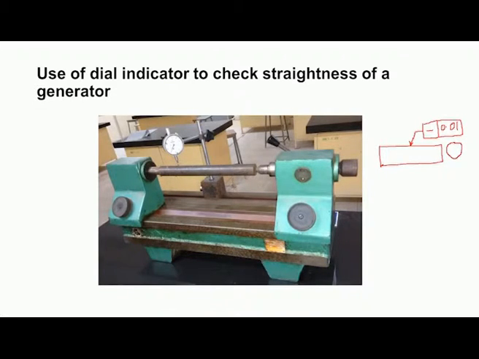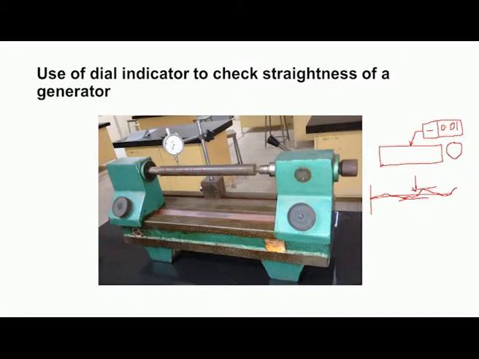indicator to different positions. We can mark the positions like 0, 1, 2, 3 like this. So, the total length is divided into some equal number of parts, and then at these locations we can take the reading. And if you plot depending upon the values, we get a profile like this, and then we should take the peak and valley.